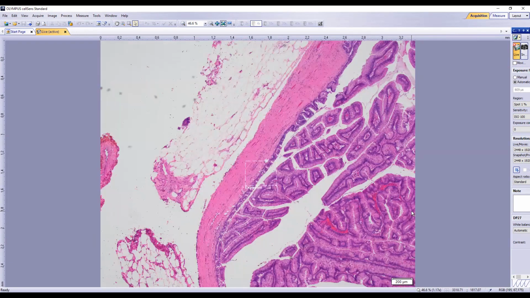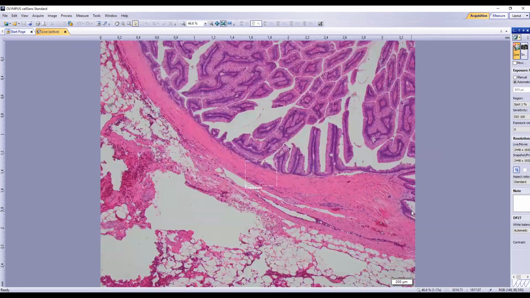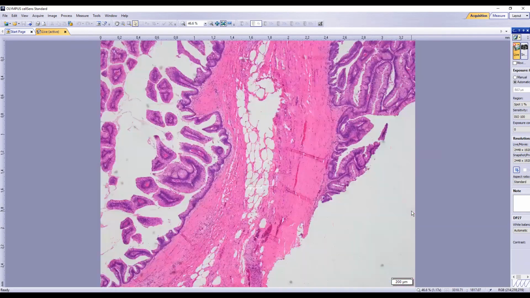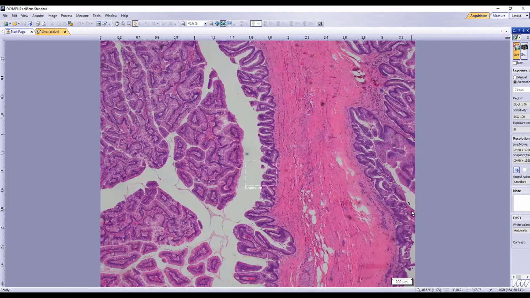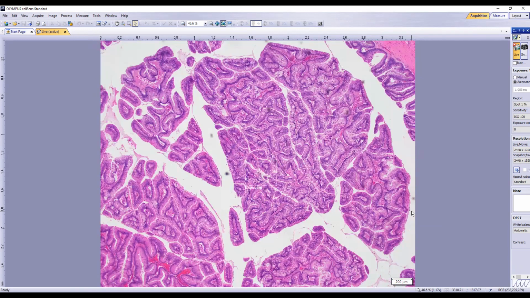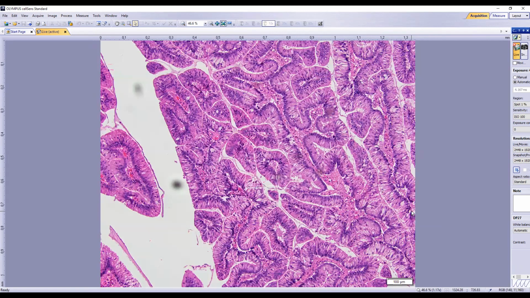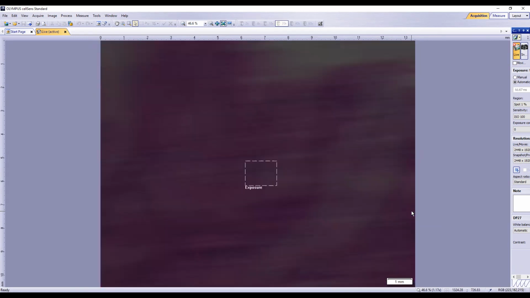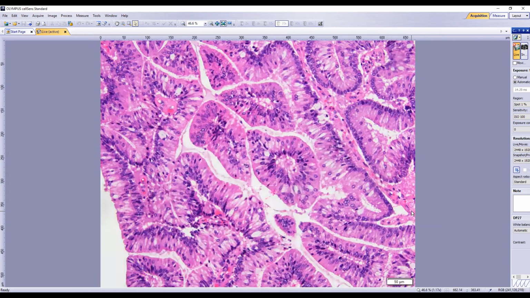There is an entity, intraductal tubulopapillary neoplasm. I mean, it resembles that, but I don't know. So what does the epithelium lining look like?